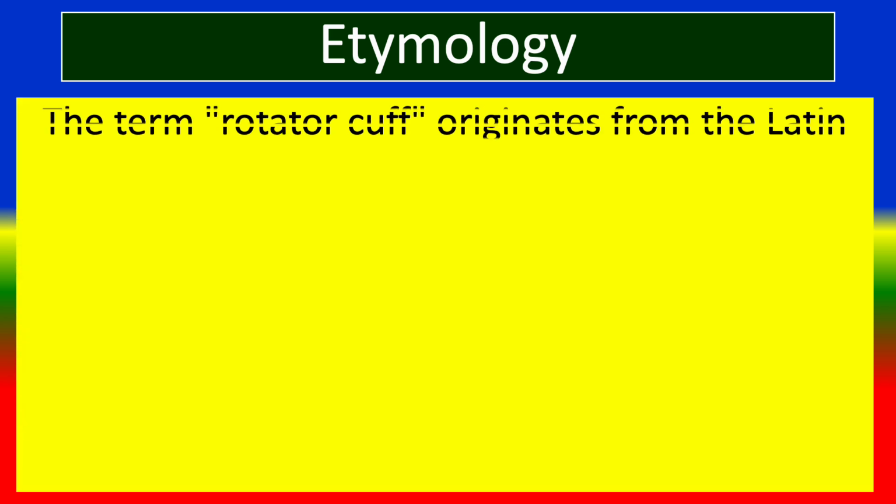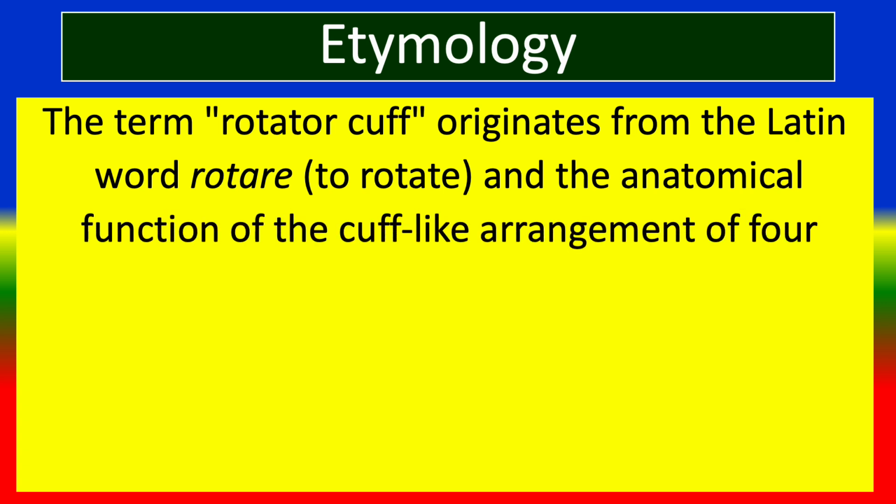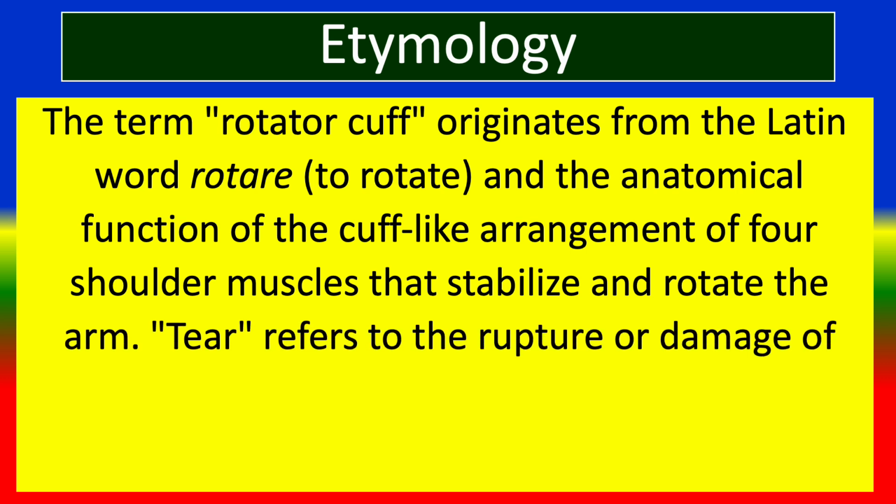Etymology. The term rotator cuff originates from the Latin word rotare, to rotate, and the anatomical function of the cuff-like arrangement of four shoulder muscles that stabilize and rotate the arm.